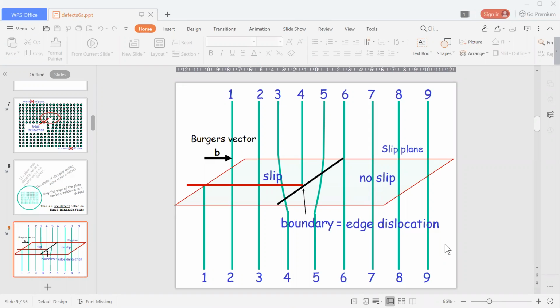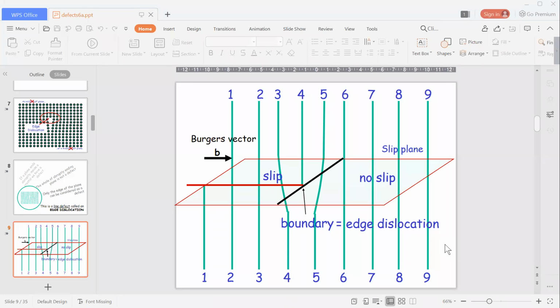The region over which the atomic planes shift over the slip plane is called the slip region, while the other part over which no shifting has happened is referred to as the no slip region. And the boundary between the two regions is basically the edge dislocation.